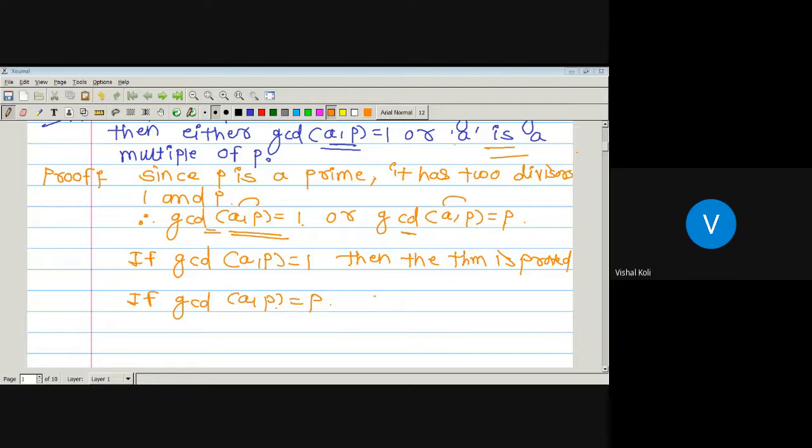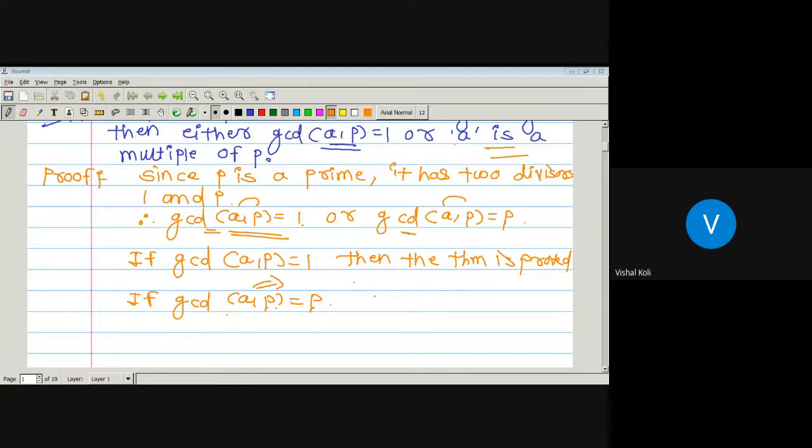So if GCD of a and p is equal to p, okay, so GCD of a and b is equal to p or a if and only if the other element is a multiple of that element. As here GCD of a and p is equal to p, it means that a must be a multiple of p. Then only it is possible that the GCD of these two integers is equal to p.